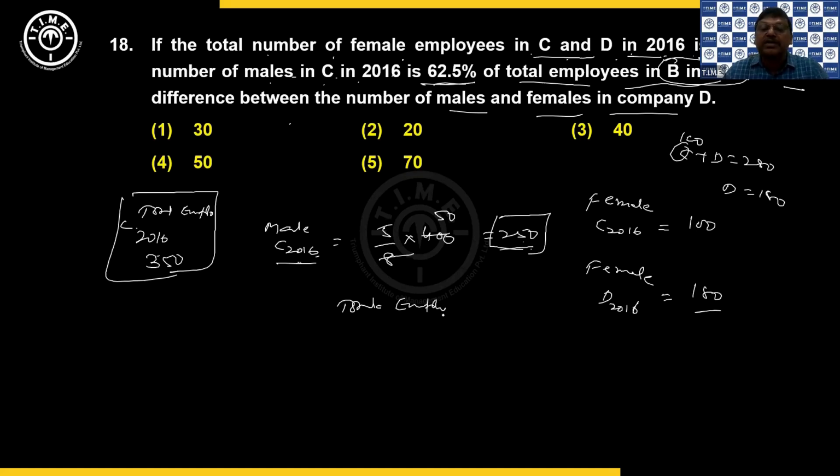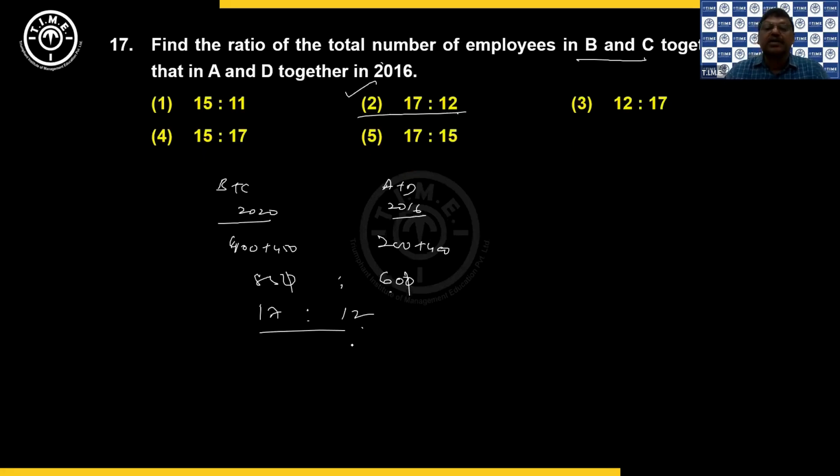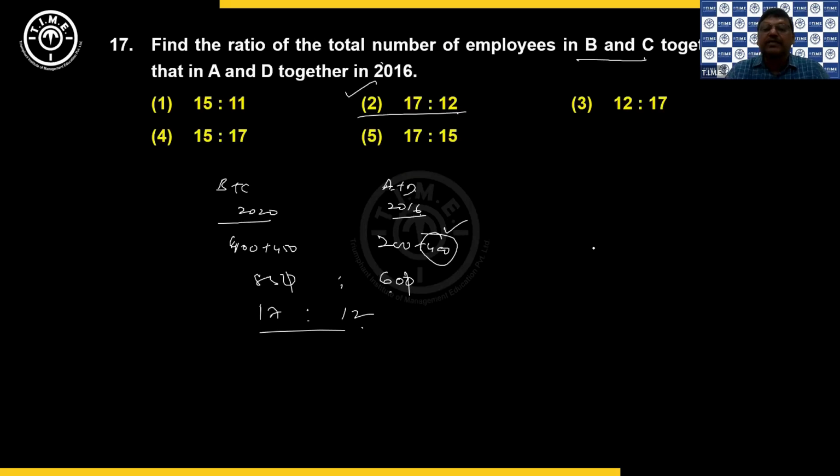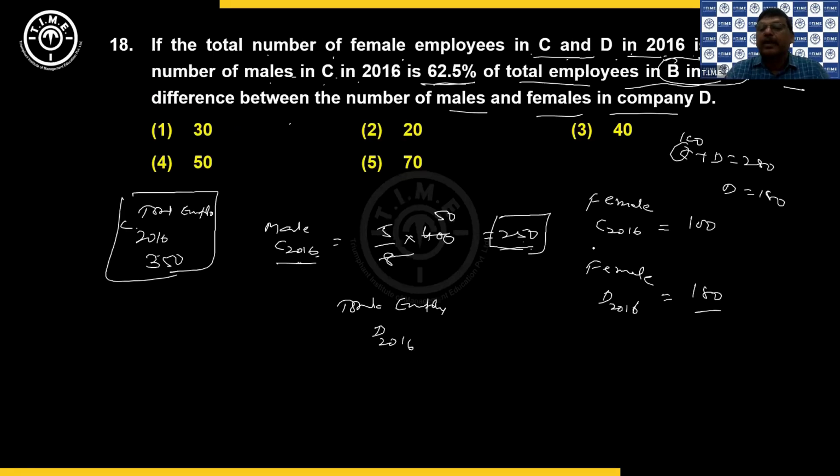So let's find total employees in D in 2016. Total employees in D in 2016, how much? 400. Just now you said in one of the earlier questions, A and D in 2016, you said 400. Yes or no? If you want, you can confirm here, 2016 D is 400. Total employees of D is 400.